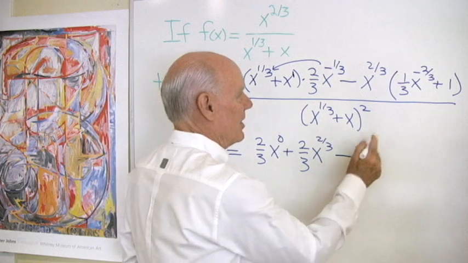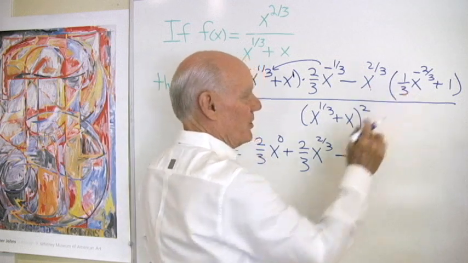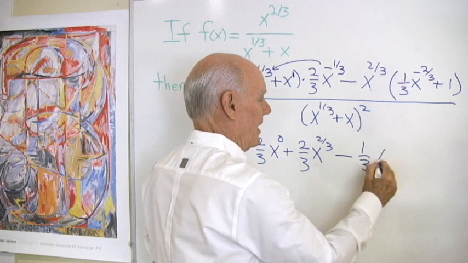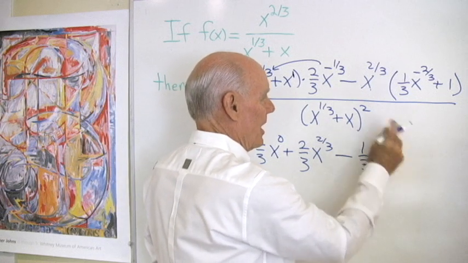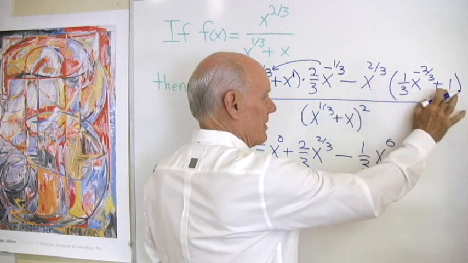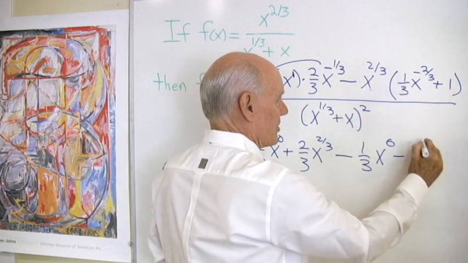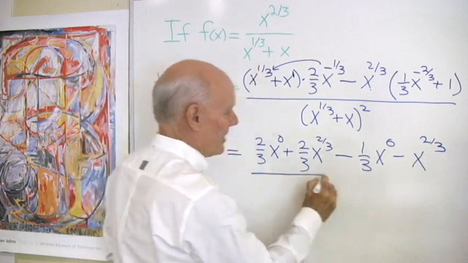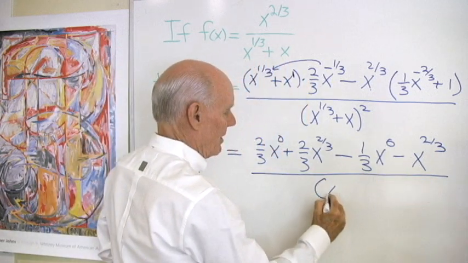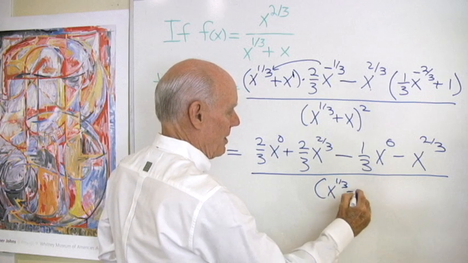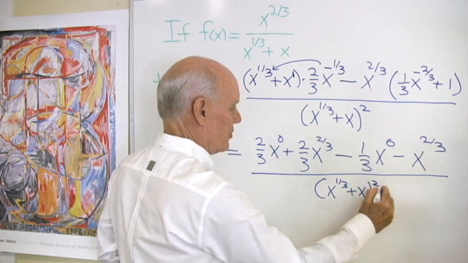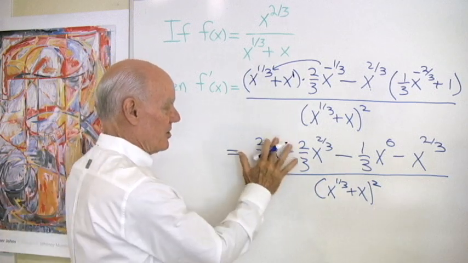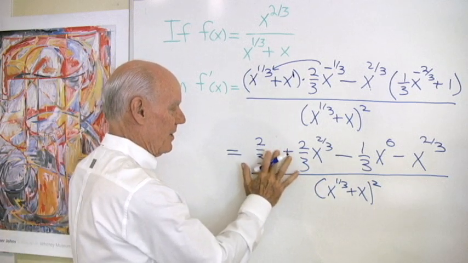So now minus x to the 2/3 times 1/3 x to the negative 2/3, that's going to be 1/3 x to the 0, minus, I'll take the negative sign with it, times 1 x to the 2/3. Okay, so that's all over x to the 1/3 plus x, to the 2. So look, this isn't too bad actually, because x to the 0 is just 1.